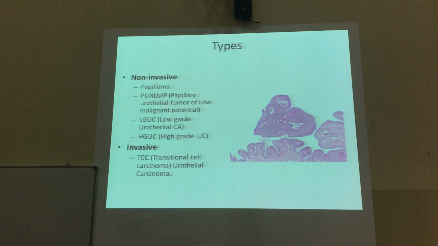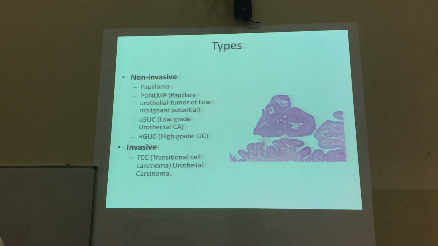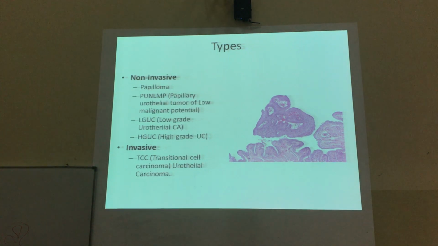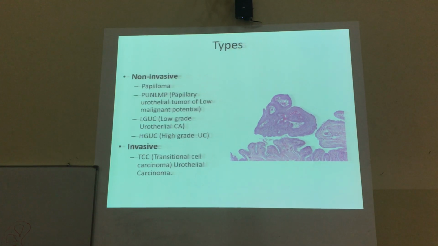They need to categorize it because this tumor was found to have a chance of growing further into low-grade urothelial neoplasia, and sometimes, after some time, it can lead to invasive urothelial carcinoma. So they found that it has some malignant potential, and that's why it has to be dealt with by surgery. Papilloma can be there for many years without any problem, so that's why they put it in a separate category.